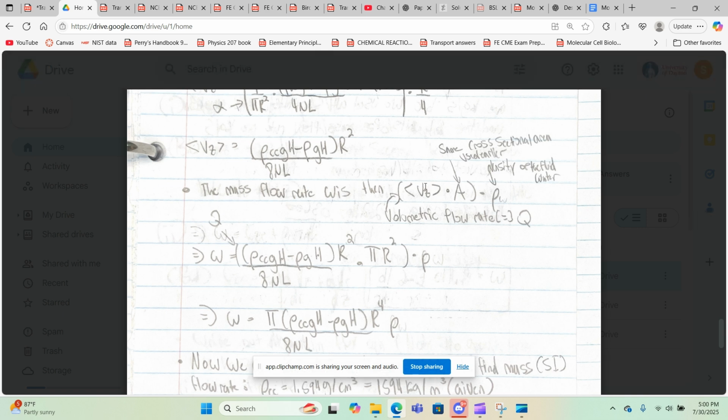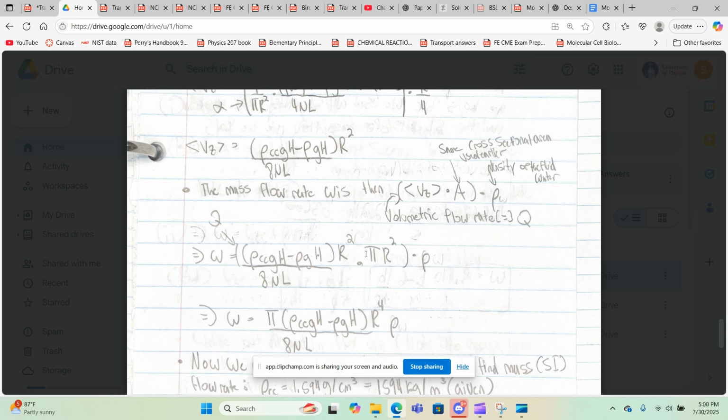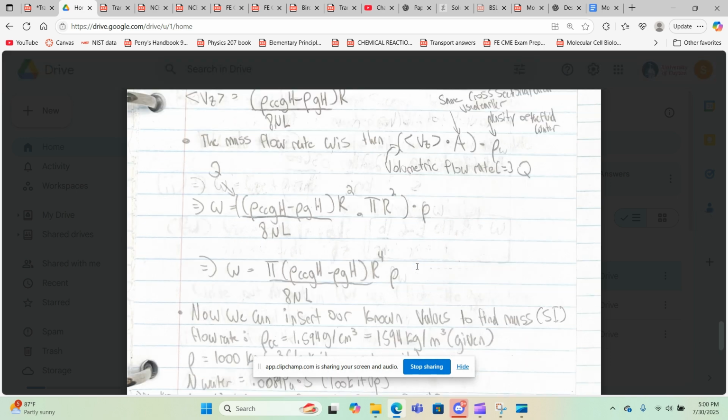And this whole conglomerate is also volumetric flow, which is meters cubed per second. So here we're multiplying the average velocity times the area, and this whole parenthesis term is volumetric flow, and then we're multiplying by rho. So this is our mass flow rate.